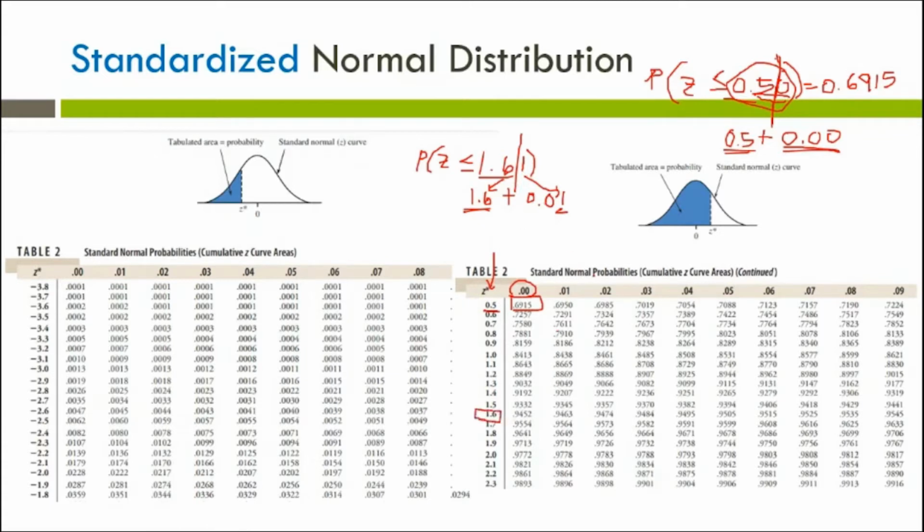The next is in the headers, in the first row. Look for 0.1. So you have 0.1 here. Then if we get the intersection of the two, we'll have this value, 0.9463. So this is how we use the z-table.